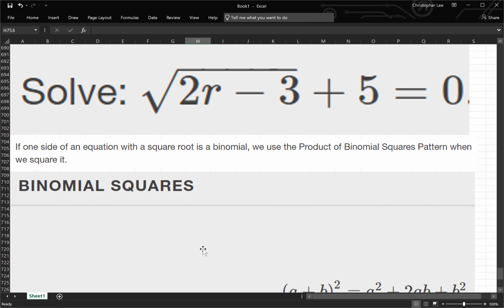Negative. It could be a fraction, but the thing is that it won't work. So think of it like this: there's no number that I could take the square root of and get a negative number out.